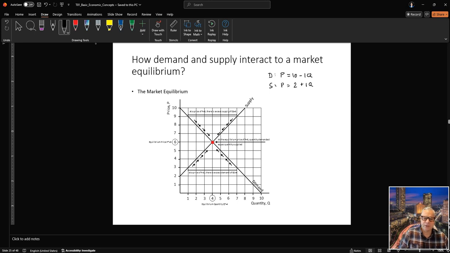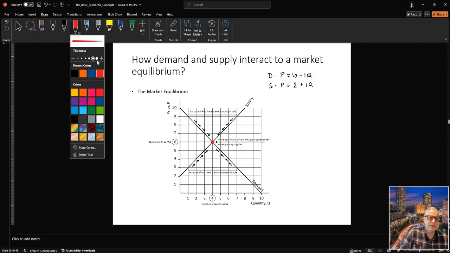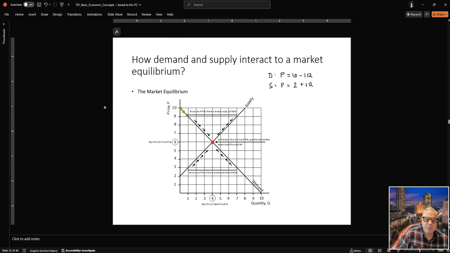So the market equilibrium is a very important concept because, as we mentioned earlier, a market equilibrium is a situation where there are no people or no economic actors left anymore who could engage in mutually beneficial voluntary trade. So in order to illustrate that concept, let's introduce a different perspective. You can think of a market demand function as a lineup of people, consumers, according to their willingness to pay.